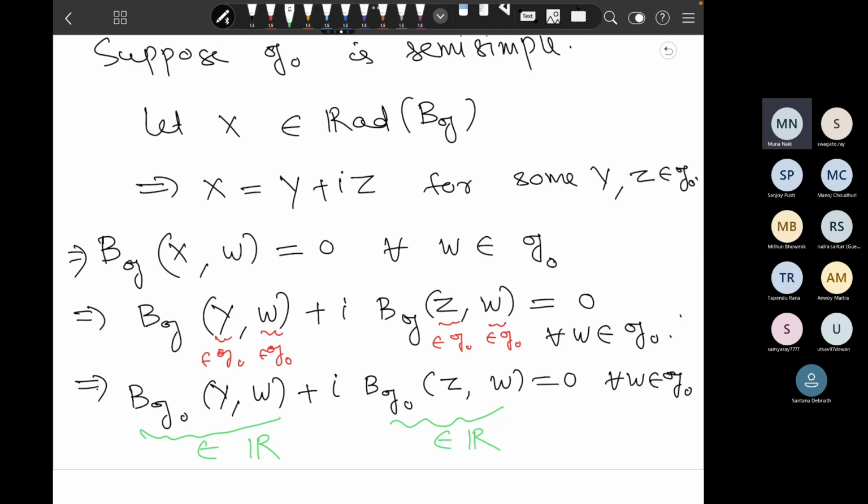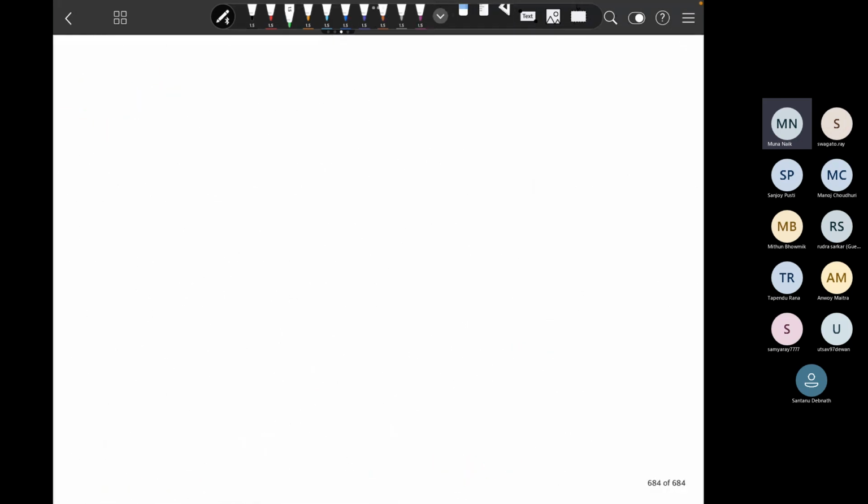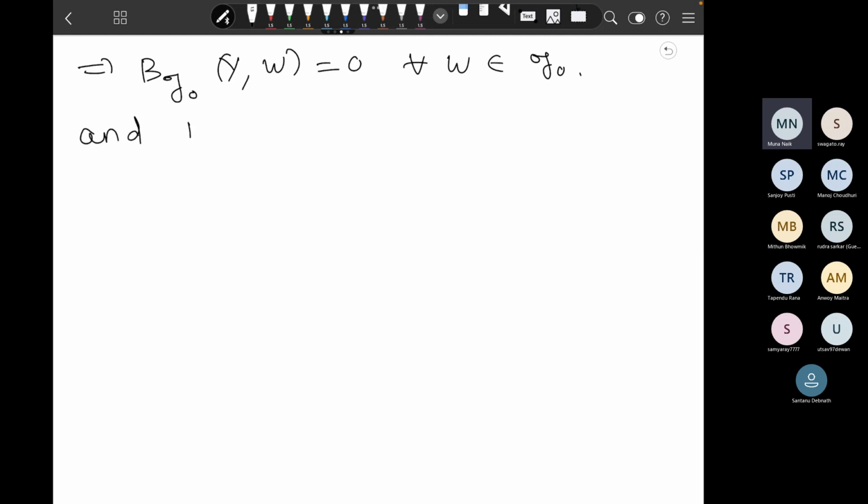So this implies BG naught YW is equal to 0 for all W belonging to G naught, and BG naught ZW is equal to 0 for all W belonging to G naught.